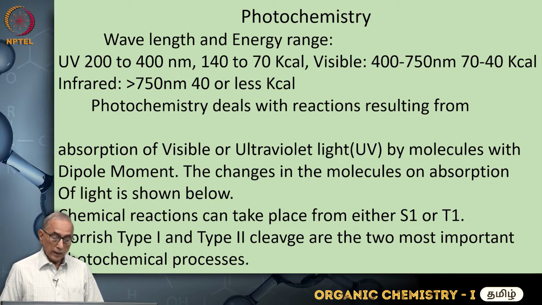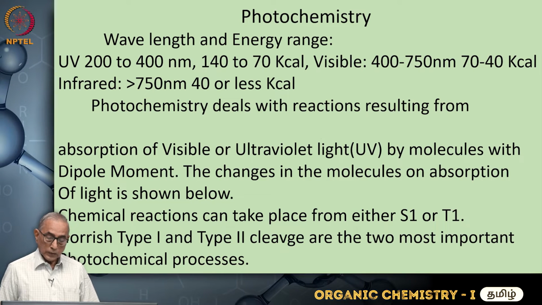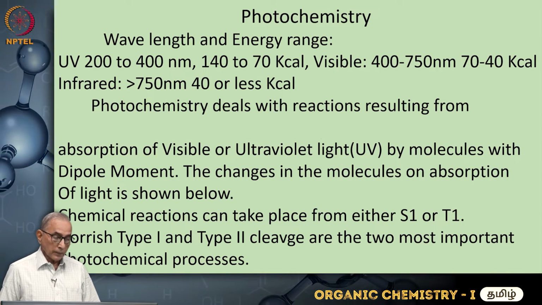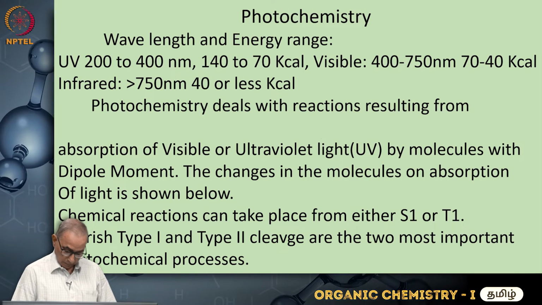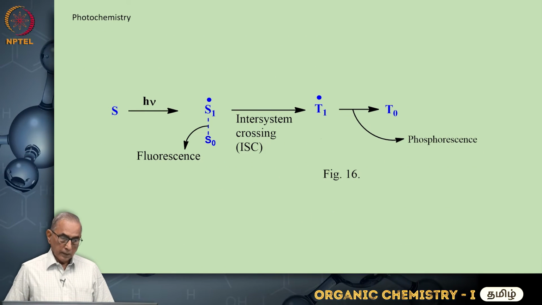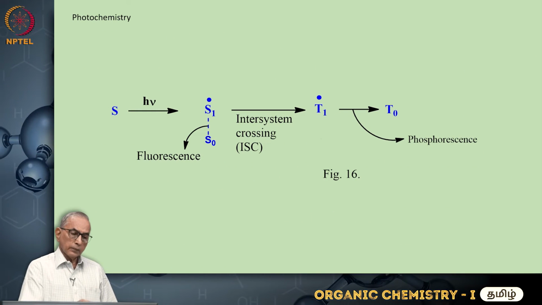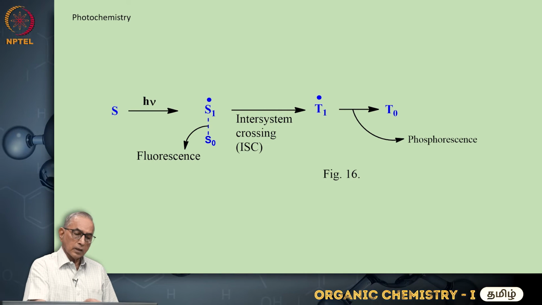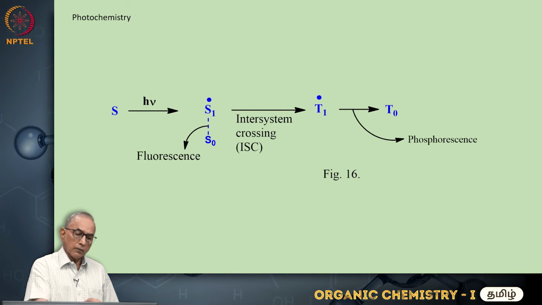A chemical reaction can take place from either the S1, or singlet state, or T1, the triplet state. We will look at the reaction. S is a molecule, h nu is the designation shown for absorption of light.